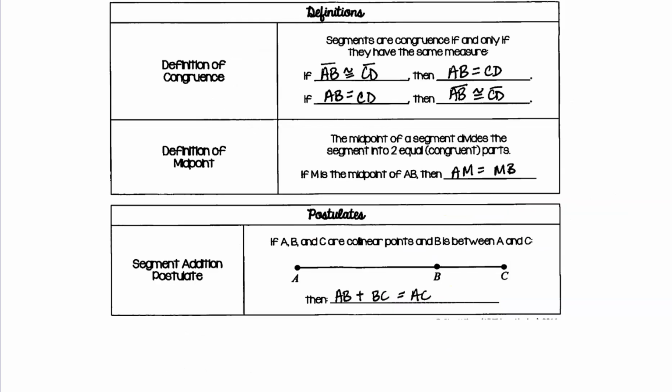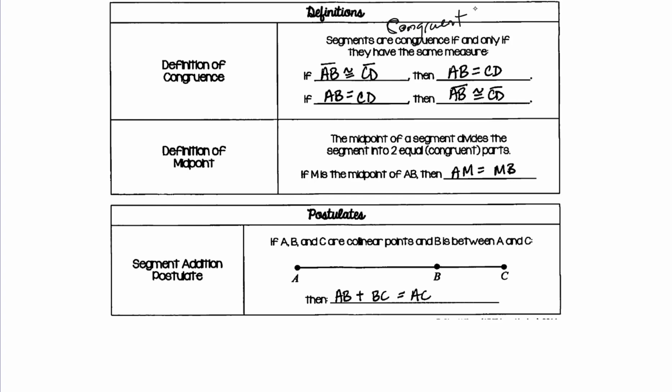So here's some definitions. Definition of congruence. If segments are congruent, so this should say congruent. Segments are congruent if and only if they have the same measure.